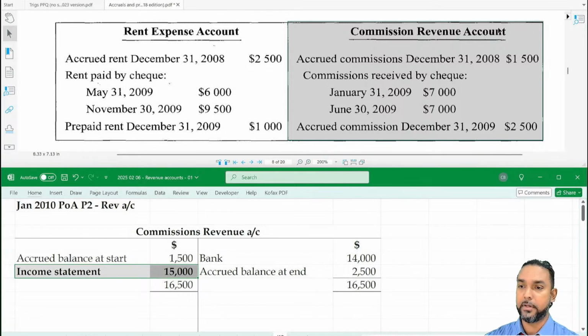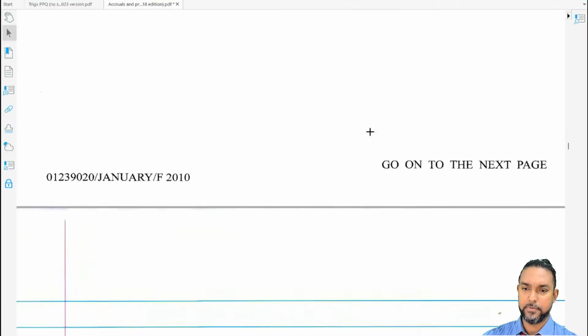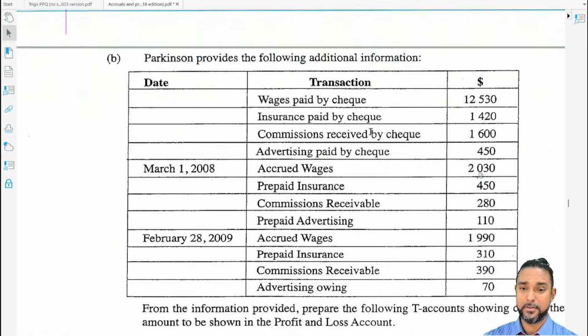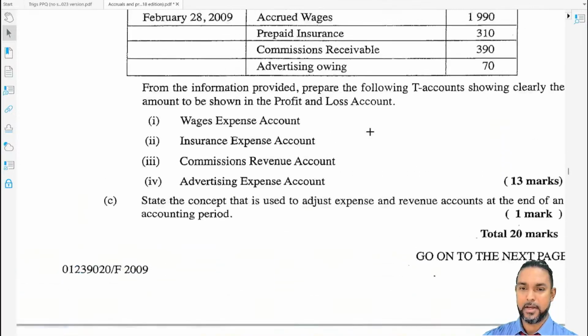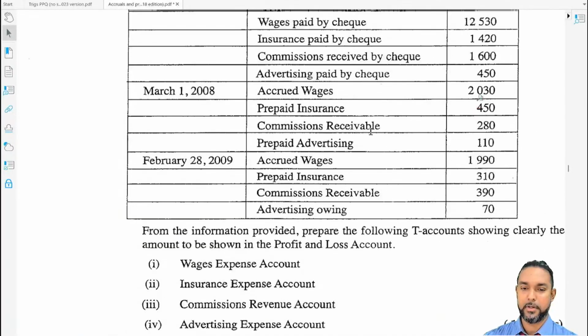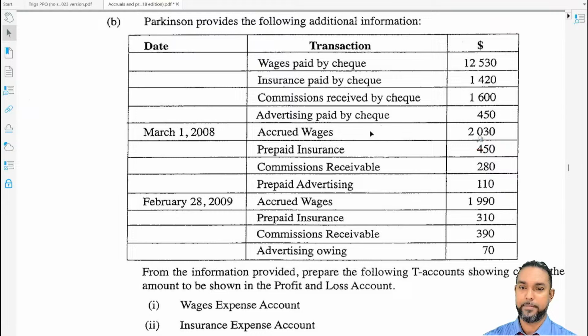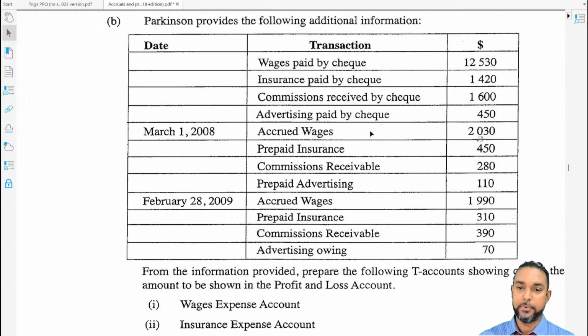When we come back next week, hold on. Let me see. Maybe I could give you guys one for homework because honestly, there aren't that many more. So this one. I'll send you a pic of this one. And all you're really doing is the commission stuff. So just do this account for me. It's just one account, right? Just the commissions. And I'll tell you which year it is.